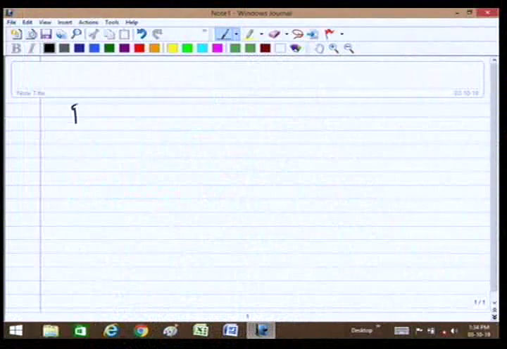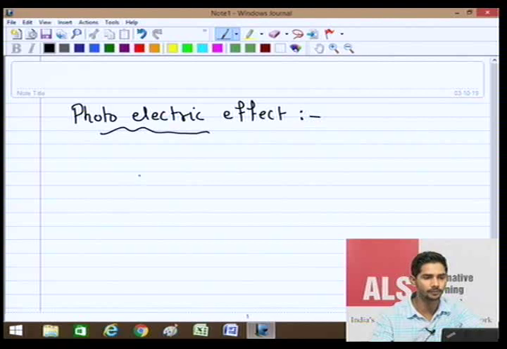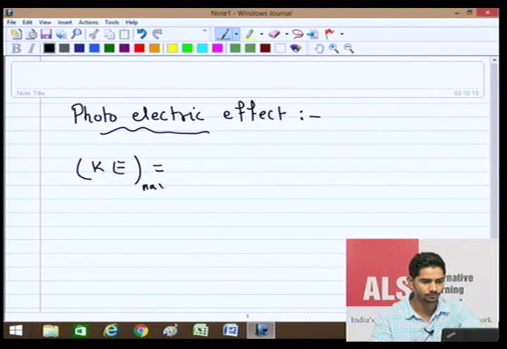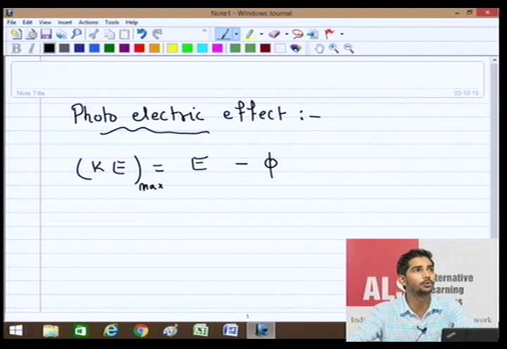So guys, let's begin with the photoelectric effect. I think I have given you a brief idea regarding the photoelectric effect, and we were at the point where we were discussing that kinetic energy would be equal to E minus phi, where phi was the work function or the threshold energy.